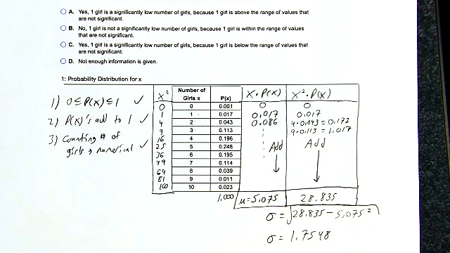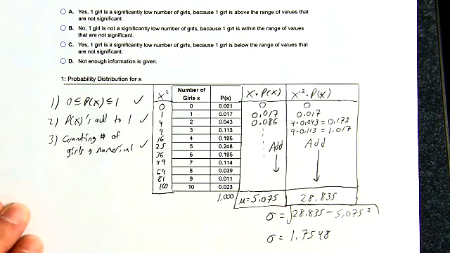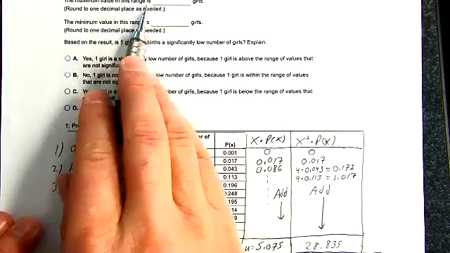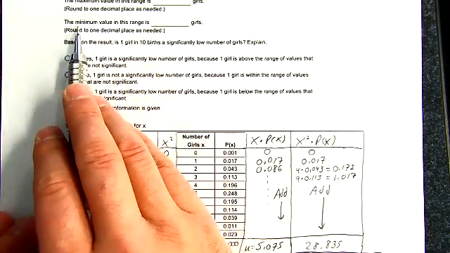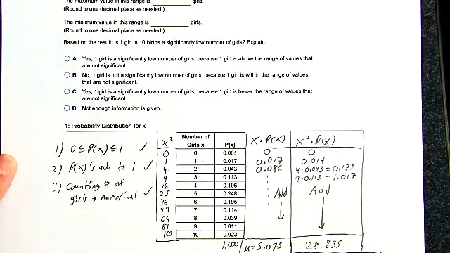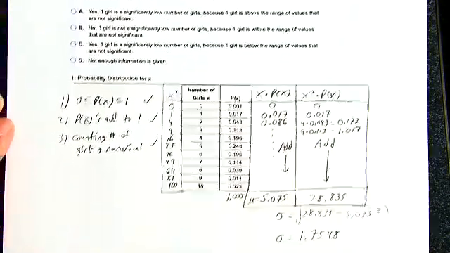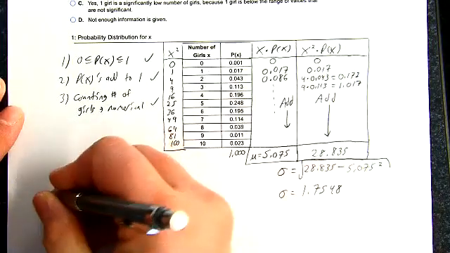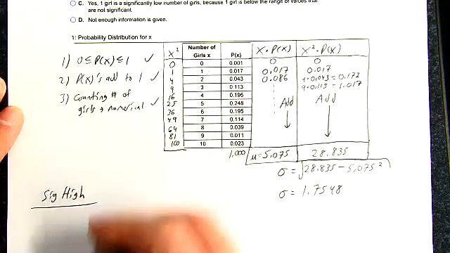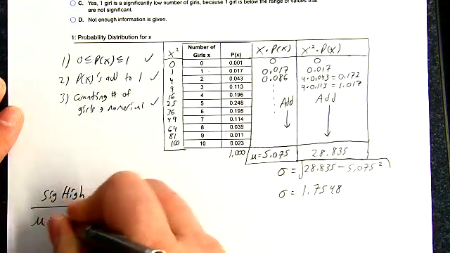All right, now it asks for the range of significantly high numbers of girls and the range for significantly low numbers of girls. So this goes back, but we saw this in several sections. Sig high is equal to mu plus 2 sigmas.